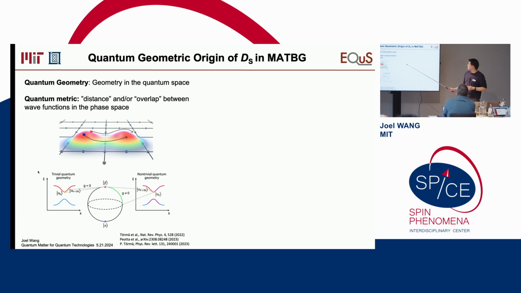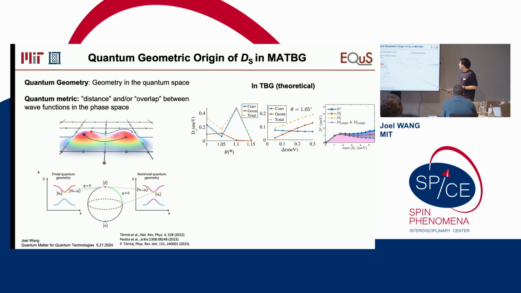Quantum geometry basically deals with the geometry in quantum space. In condensed matter systems, it's typically the Bloch function in the phase space. The so-called quantum metric is something that we are interested in here; you can think of it as a distance. It quantifies the distance or overlap between wave functions in the phase space. In MATBG, it has been predicted that the quantum geometric contribution is very significant, and it surpasses the conventional contribution at the magic angle.